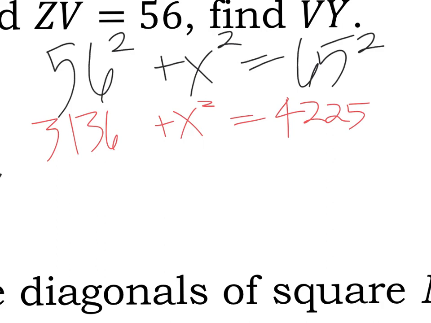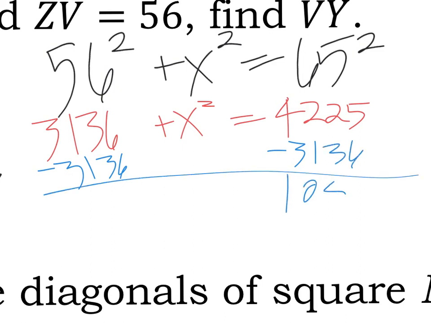So squaring both of them would produce 3,136 plus x squared equals 4,225. Subtract 3,136 to the other side, and 4,225 minus 3,136 is 1,089.